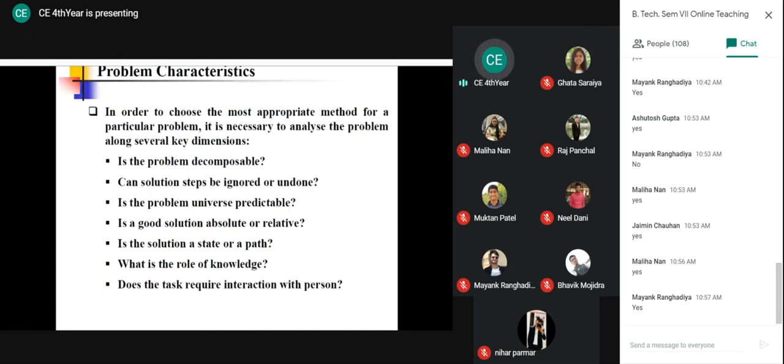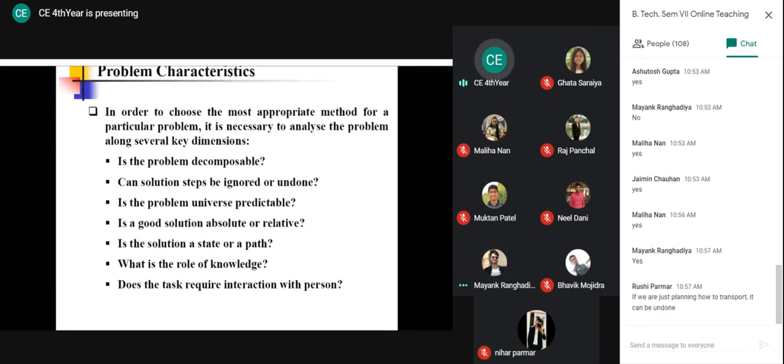Mayank, can you unmute your mic? Yes, ma'am. So what can you say about the second characteristic? We cannot fully ignore the step, but we can undo it if we go wrong.